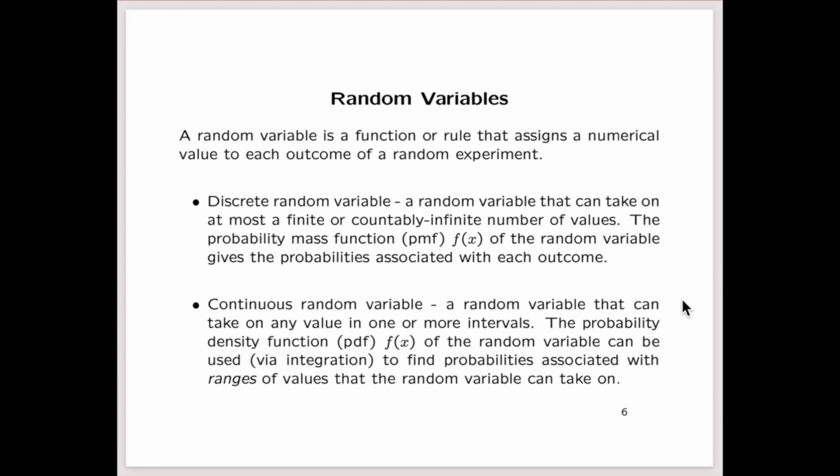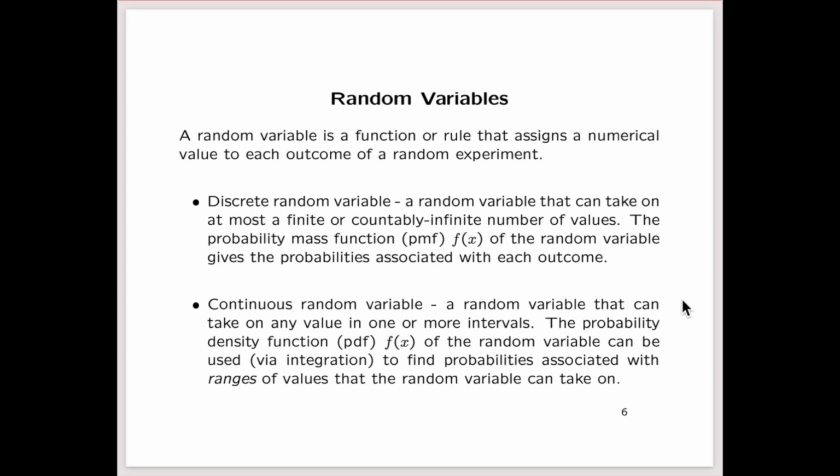Again, also denoted by lowercase f, for example. This PDF does not give probabilities associated with outcomes, but it gives what are called density values. In order to find probabilities associated with a continuous random variable, what is required is to integrate the PDF over the appropriate interval that corresponds to the event of interest.